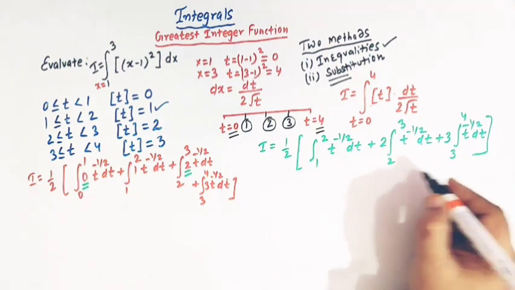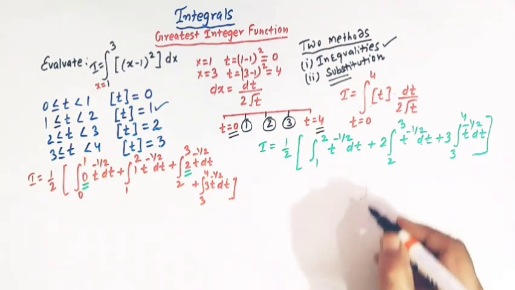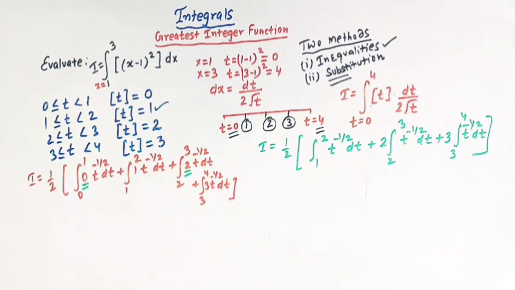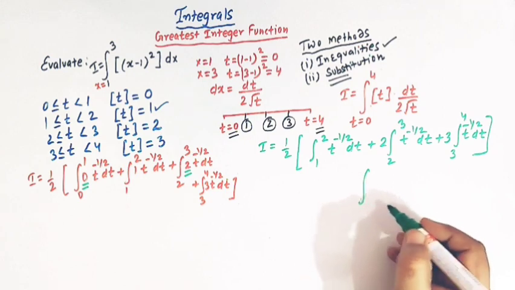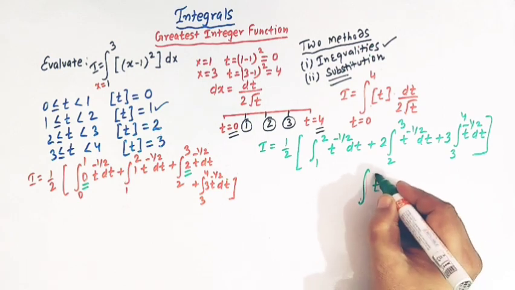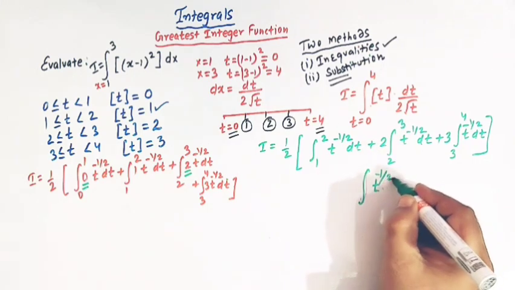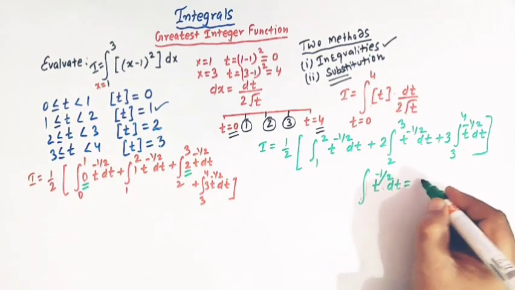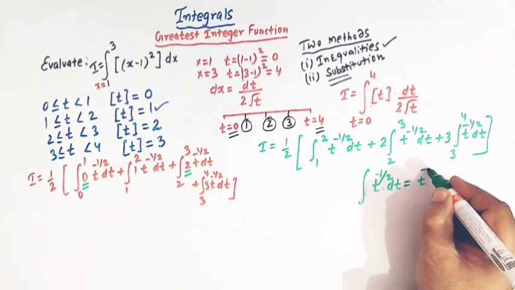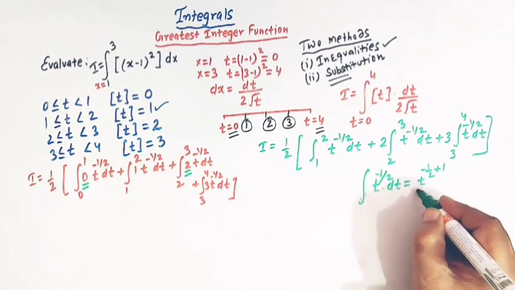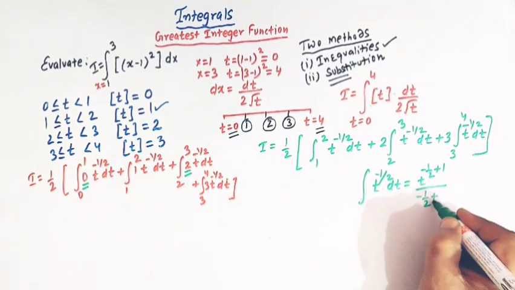Now see, from indefinite integrals, we know that the value of this integral, that is t raised to minus 1 over 2 dt, is given by t raised to minus half plus 1 divided by minus half plus 1.